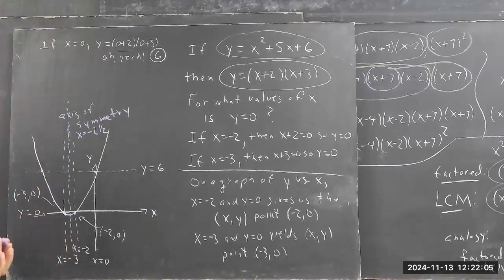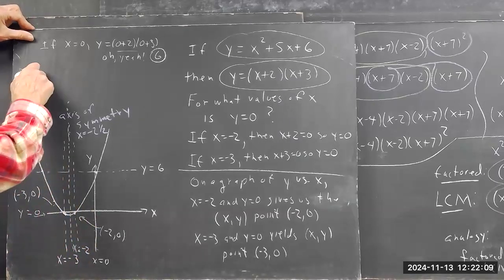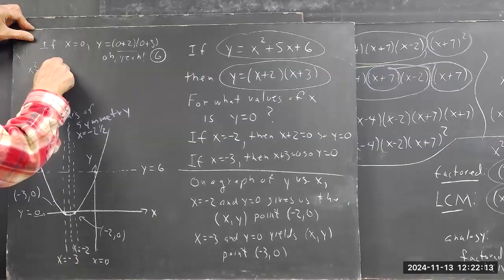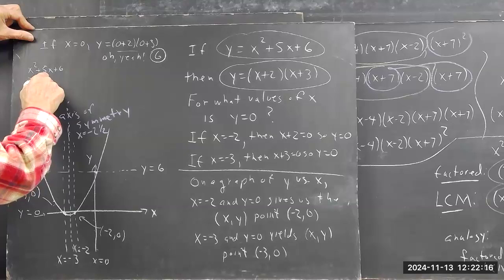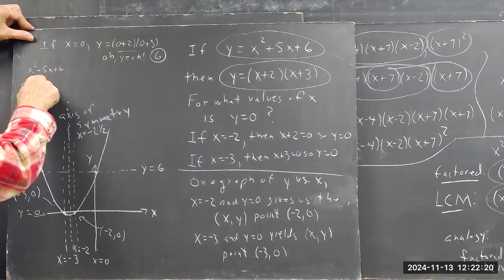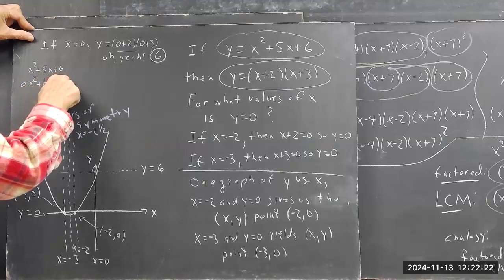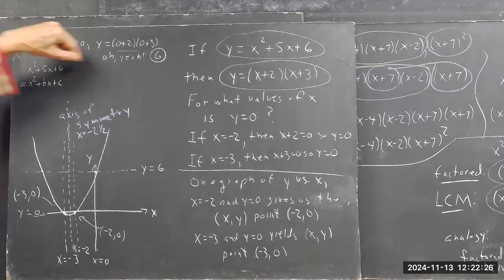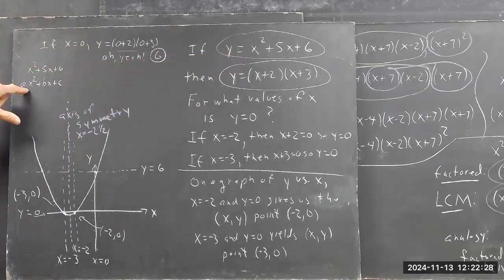Okay, I'm going to give you a formula. First of all, x squared plus 5x plus 6, which you originally had, is ax squared plus bx plus c, right?